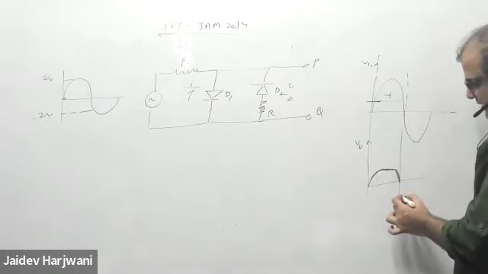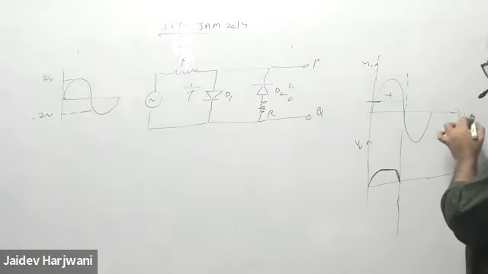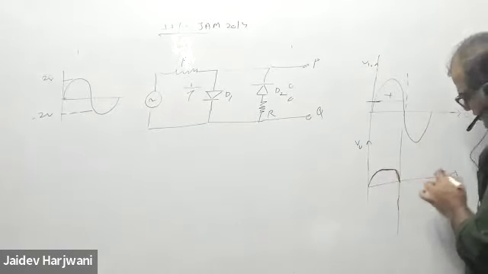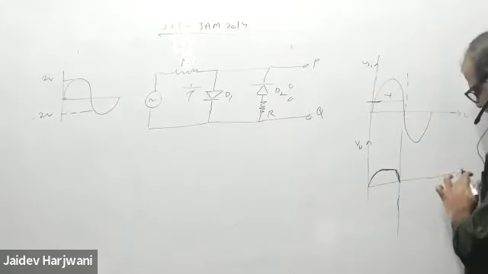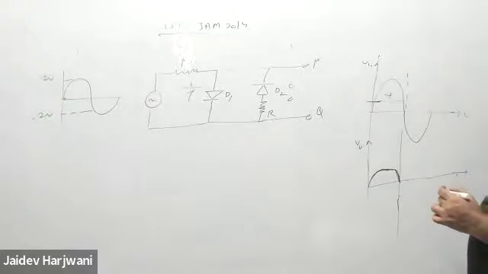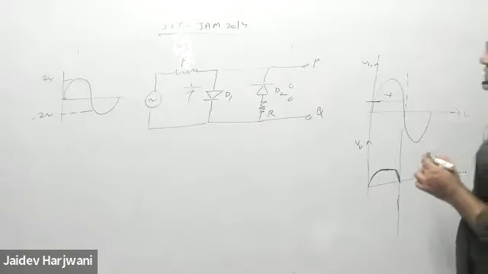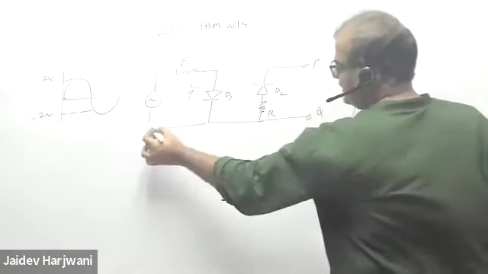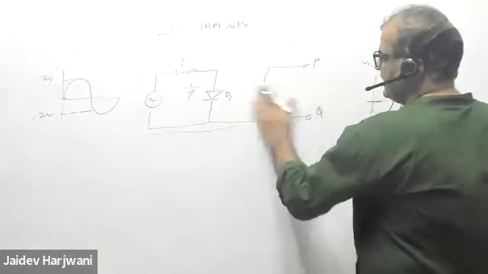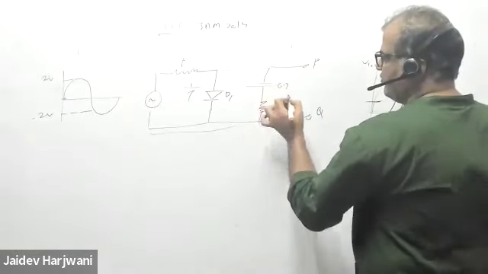Tell me what will become of the negative cycle? In the negative cycle, I will get the same thing or more, greater than this one. It will be greater because there is a voltage drop across R also. Yes, in the negative cycle, this becomes forward biased, so this will become 0.7 volt.